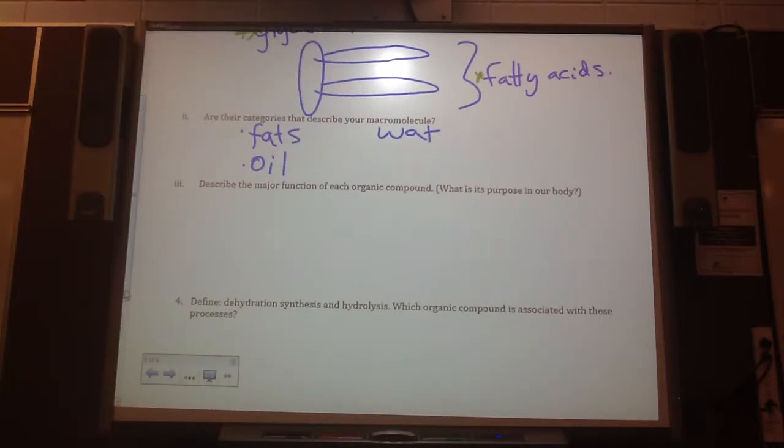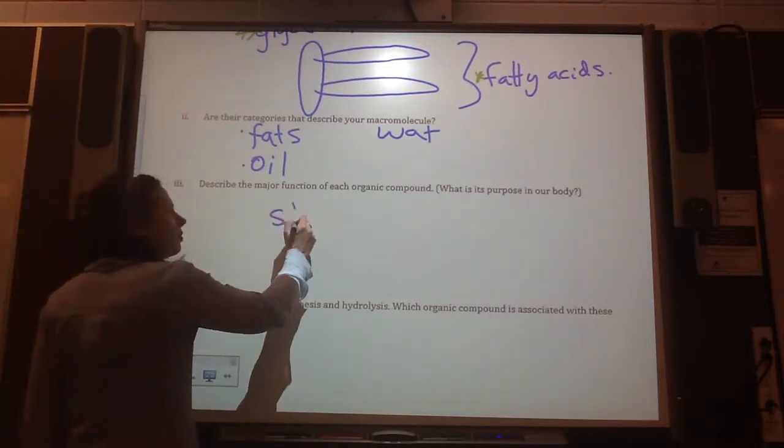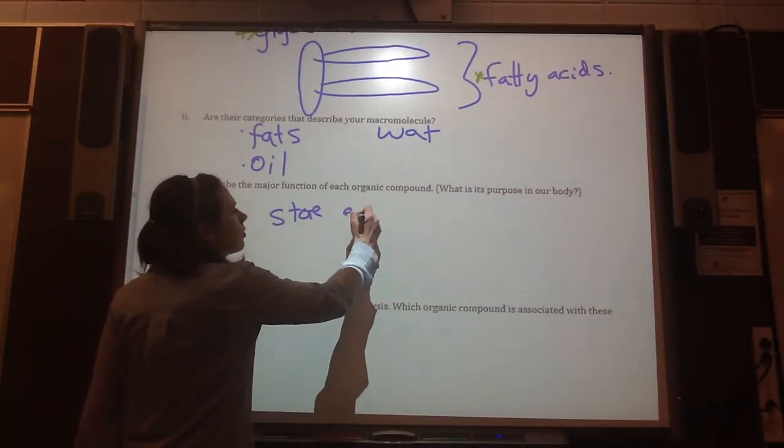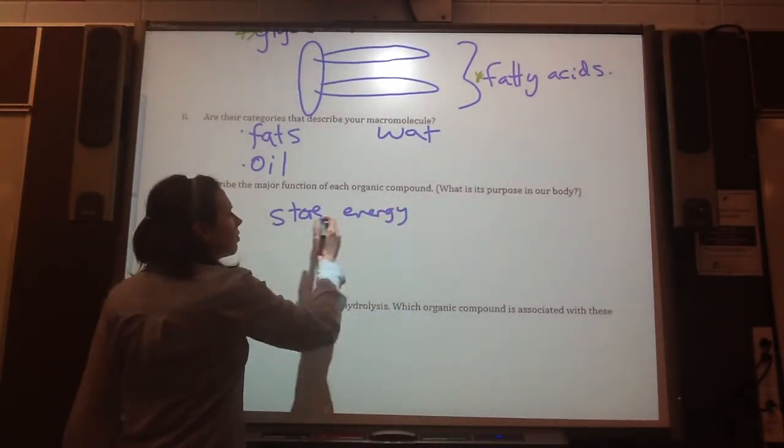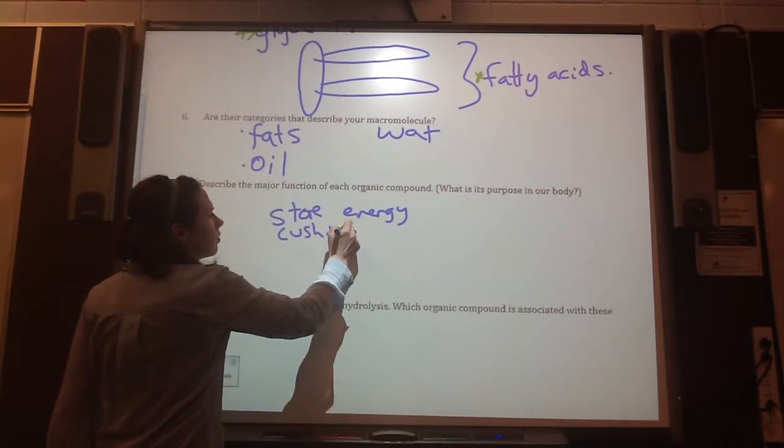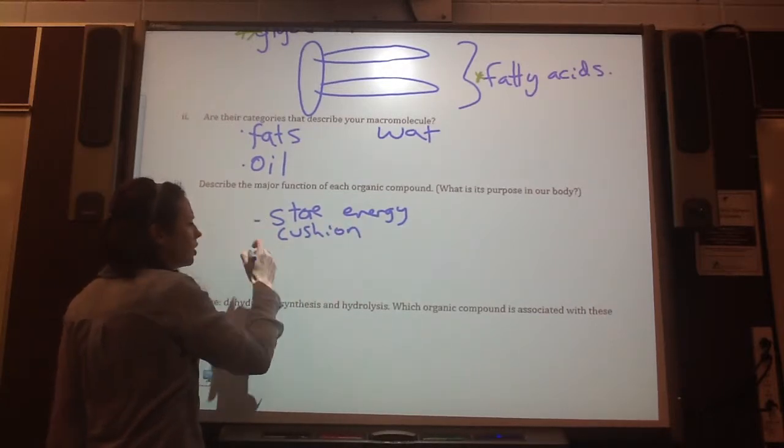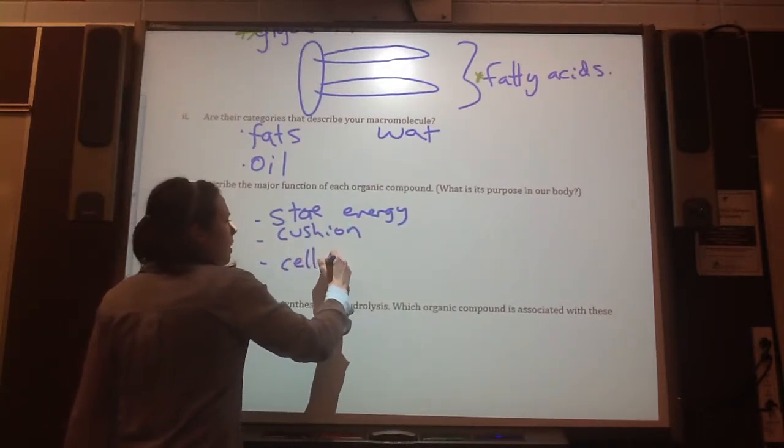Okay. What's the purpose of lipids in our bodies? Matthew knows. Store energy, components of cell membranes, act as a cushion for organs, carry vitamins A, D, and K. Store energy, cushion, cell membrane.